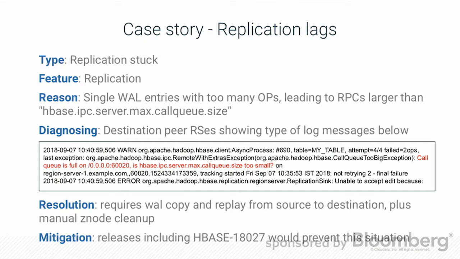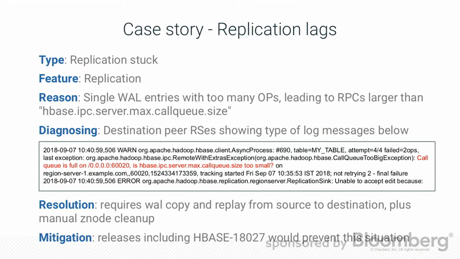And the resolution here normally is not straightforward. It will require a complete reset of the replication configuration and a manual copy of whatever records came into the source after the issue started to be observed, because basically you need to clean up the replication state and reset everything from scratch.